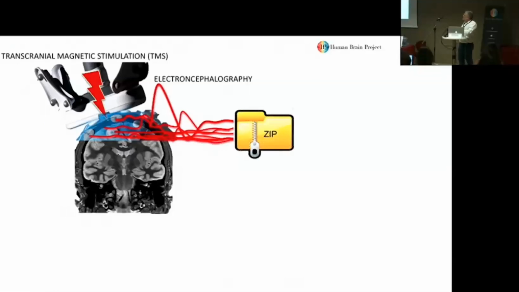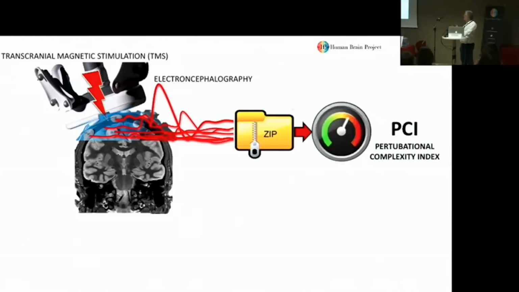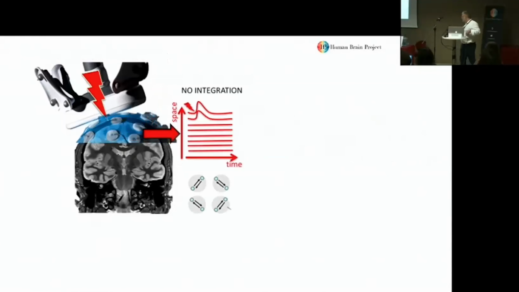Then, by translating the cortical responses to TMS into a binary matrix, we compressed the matrix generated by the perturbation through the Lempel-Ziv algorithm and calculated the PCI, that was already so nicely presented by the speakers that preceded me.